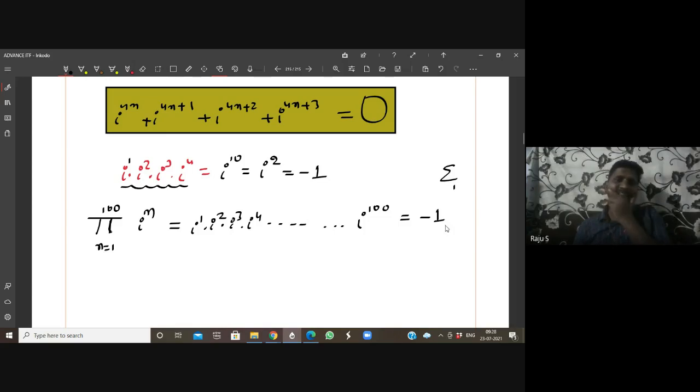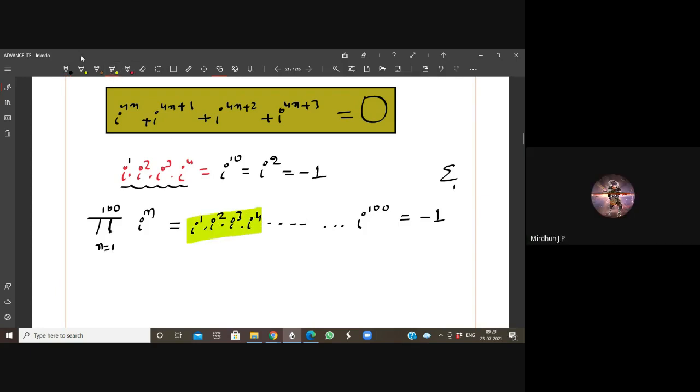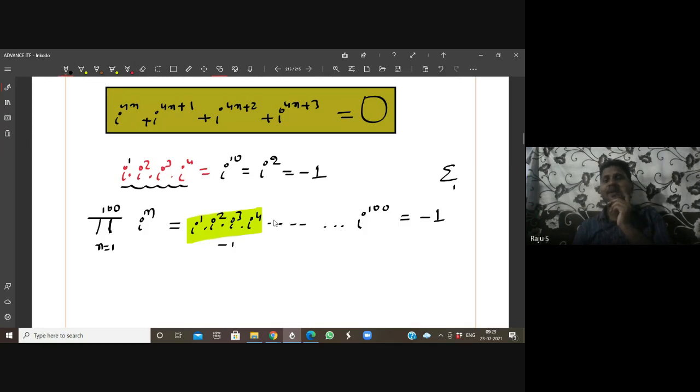Exactly. See, continuously 4 values will be minus 1. Again 5 to 8, minus 1, like that. When we divide 100 by 4, the remainder will be 25. 25 means minus 1 whole power 25, which is nothing but plus 1 or minus 1?